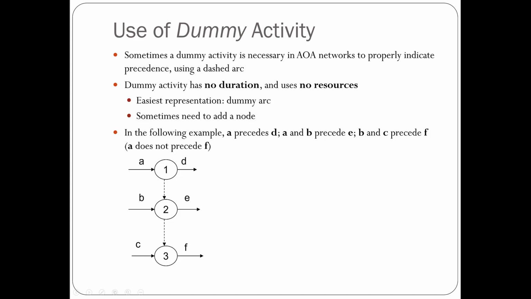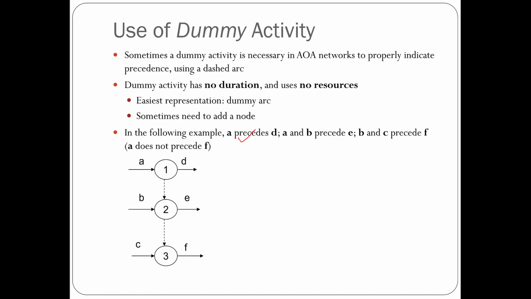So D goes after A is complete. And the second one, so we can check this one. Then A and B both precede E. So E cannot start until both A and B are done. So because of this dummy arrow here, we do have what we want.